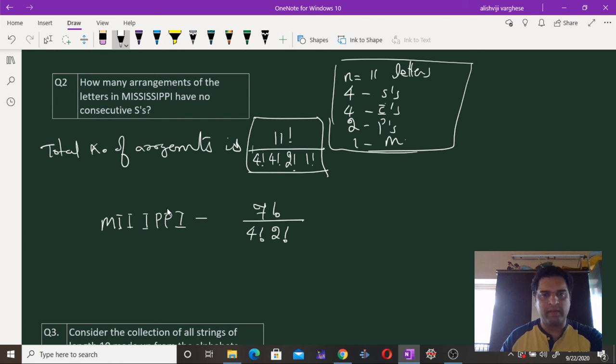So this is the number of ways in which we can arrange the letters excluding S from the word Mississippi.